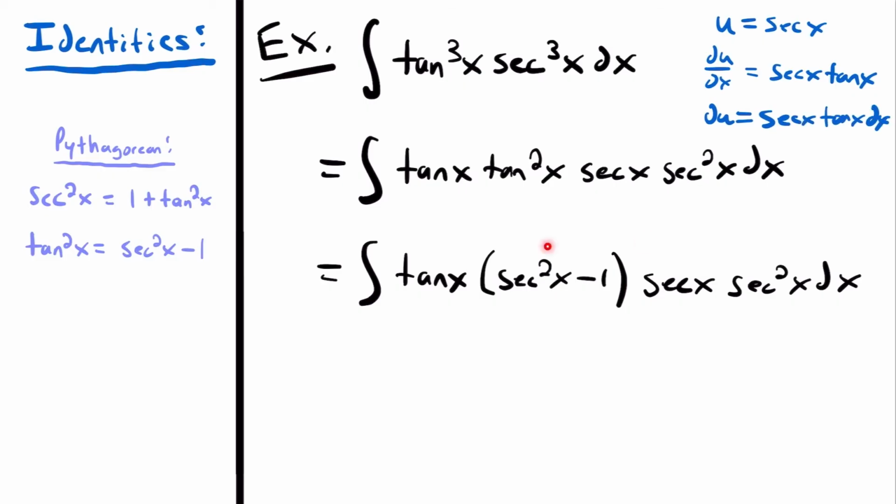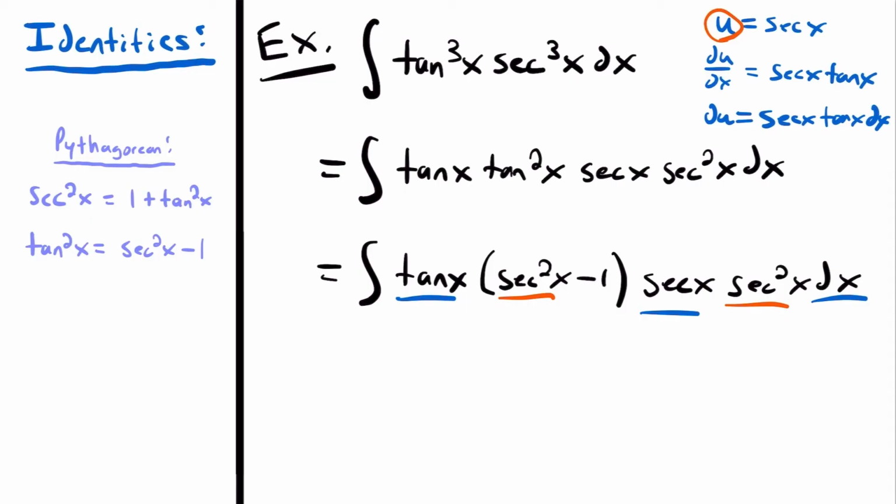And so if you look at our integral here, if we set u equal to secant x, we can rewrite this secant squared x to be u squared, and this secant squared x to be u squared, and then du can replace secant x tangent x dx, which can be found here. Here's our tangent x. Here's our secant x, and here is our dx. All right, so these three parts are going to be replaced by du, and then secant squared x and secant squared x will be replaced with u, or more specifically, u squared.